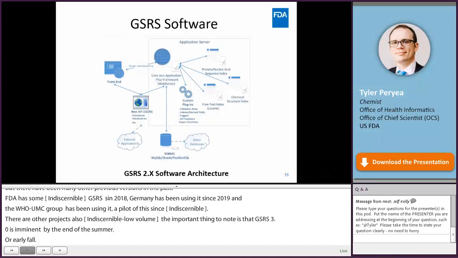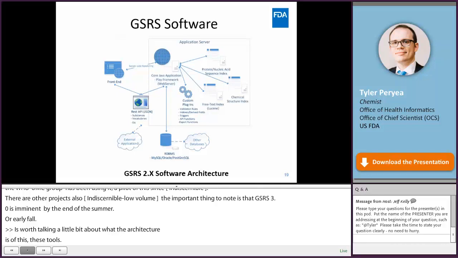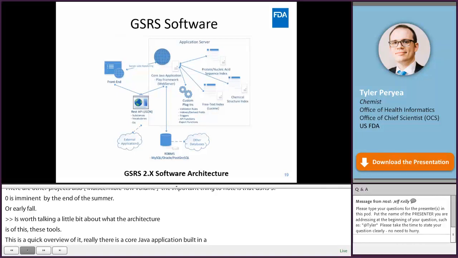This is a very quick overview of it. Really, there's a core Java application that's built on the Play framework. That core Java application makes use of certain custom indexes for text and chemical information.